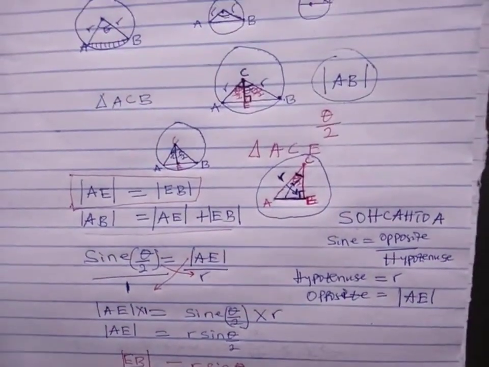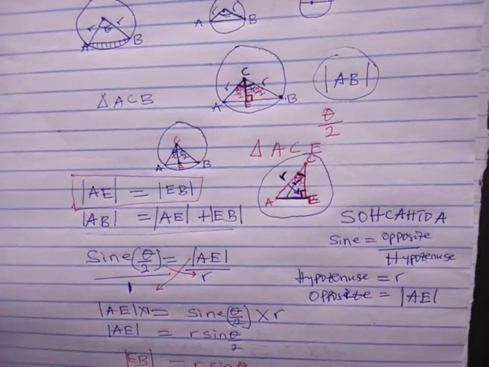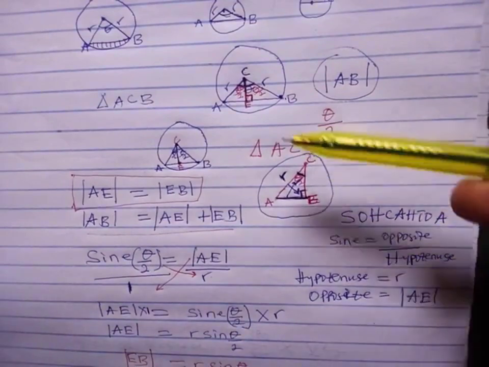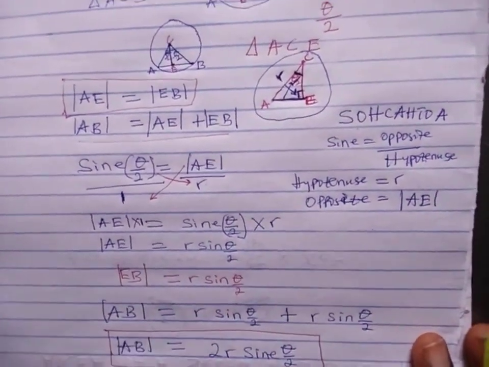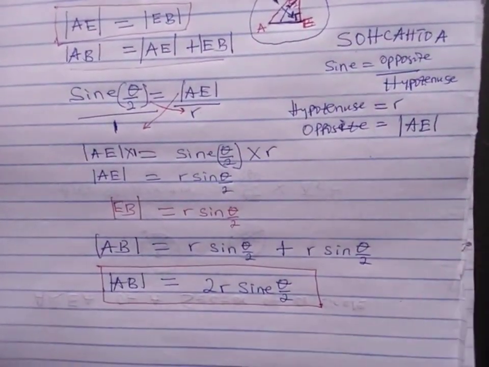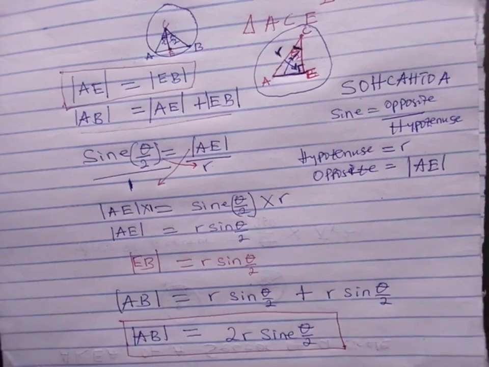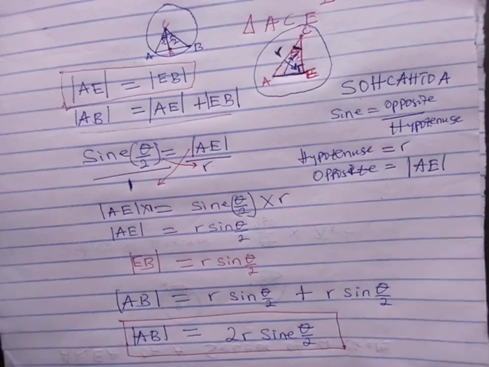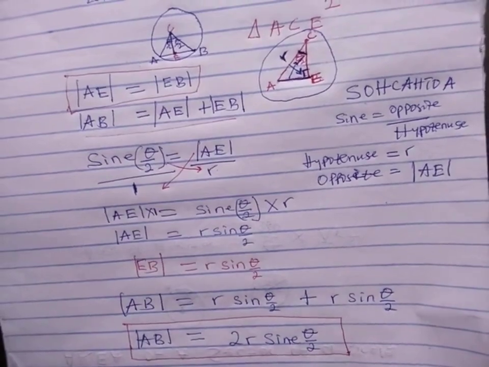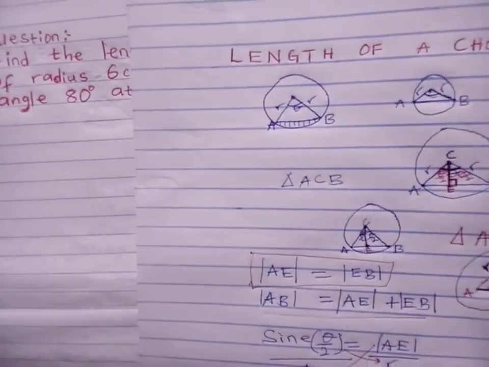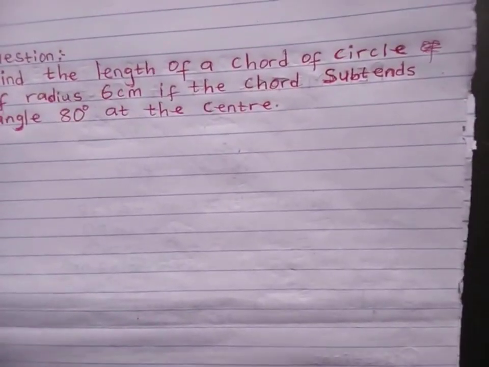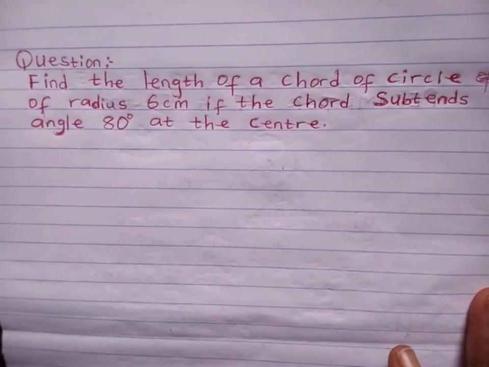In this lesson, we've been able to derive a formula for calculating the length of a chord of a given circle. Let us now apply this in a problem and see how this formula can be used to solve a given problem. Look at the problem before us.